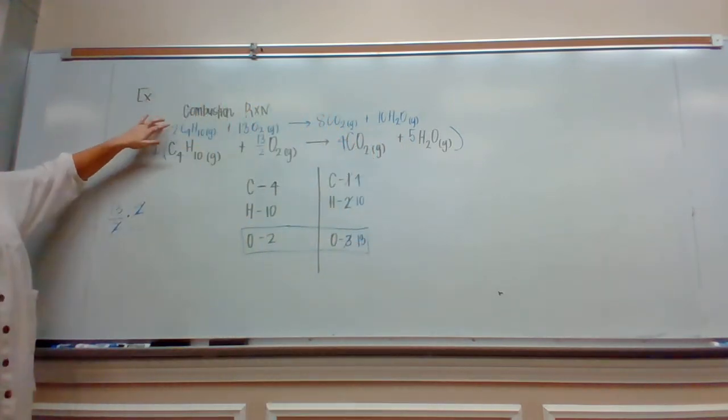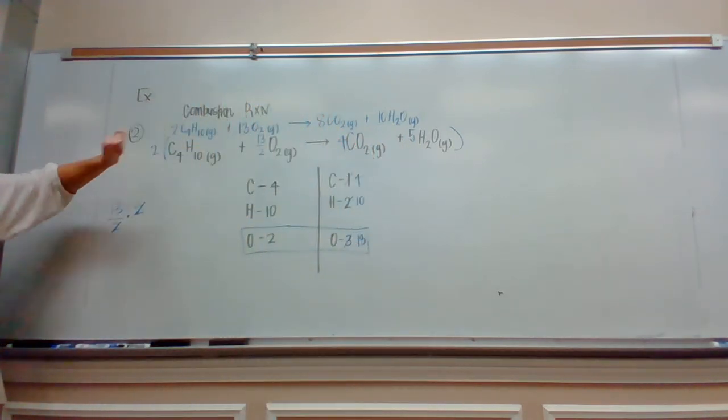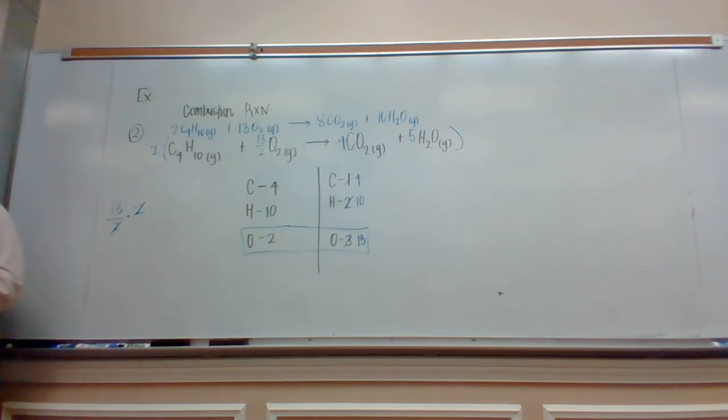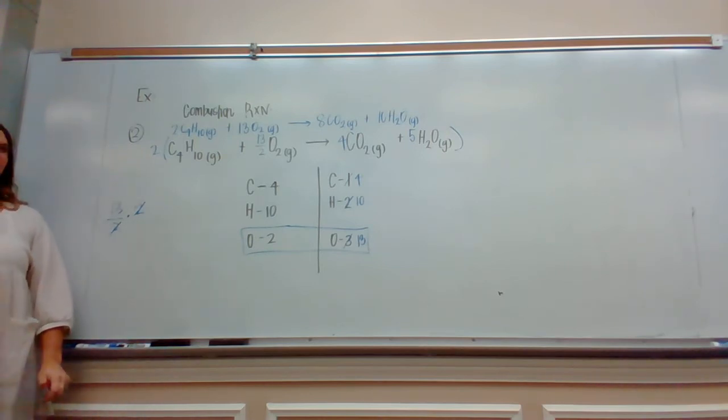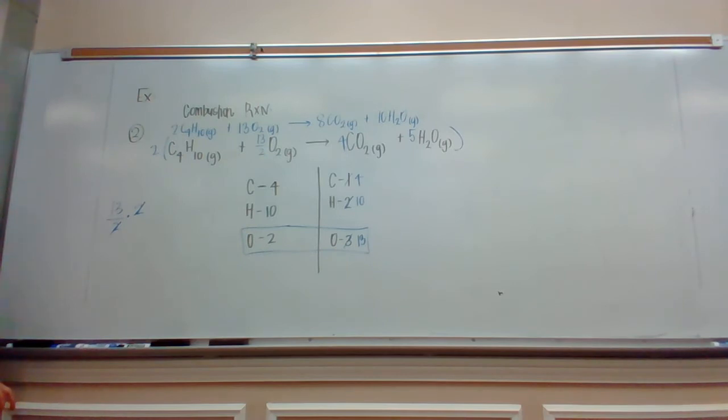Up here in blue, that would be my final answer. If you can ever reduce the coefficients down, always do that. Like if they're all a multiple of 2, go through and reduce them down. Here you obviously can't, but sometimes that will happen.